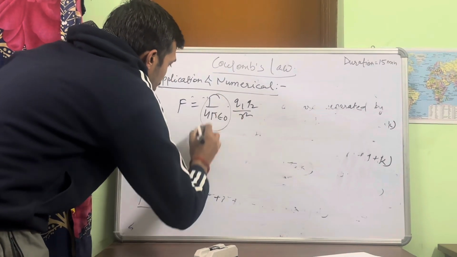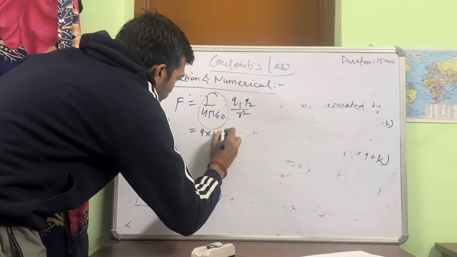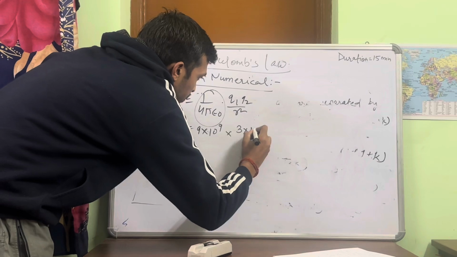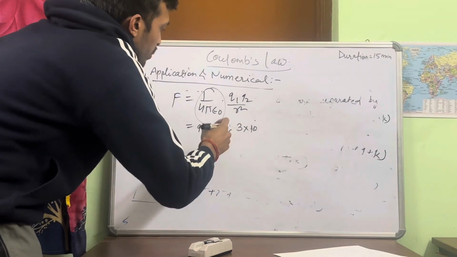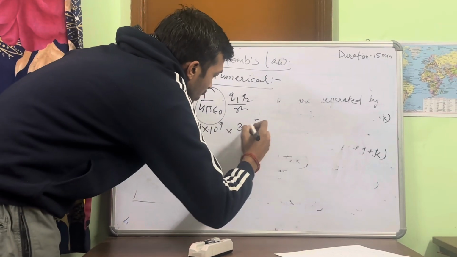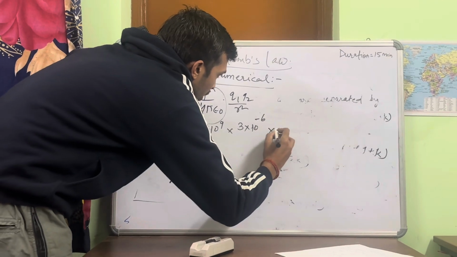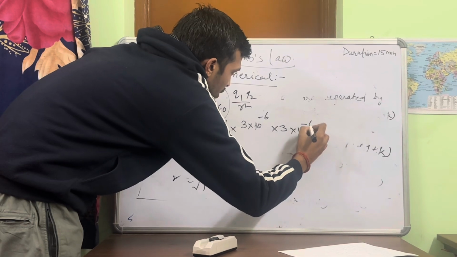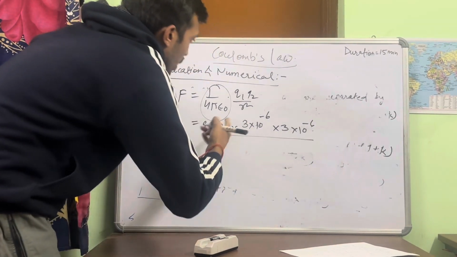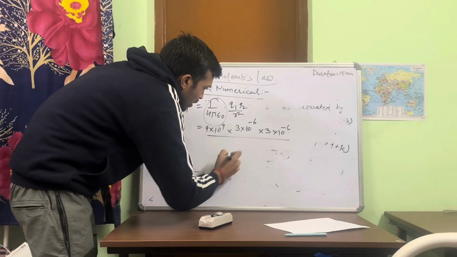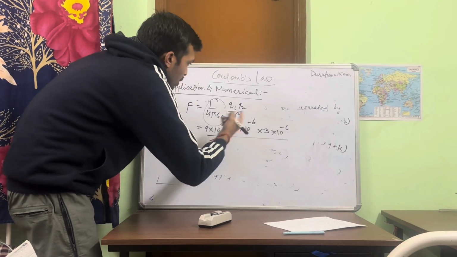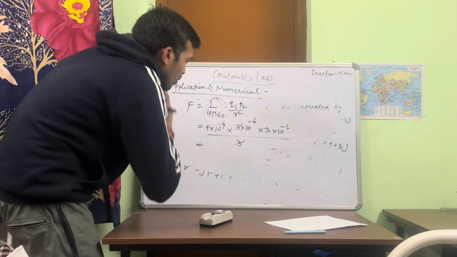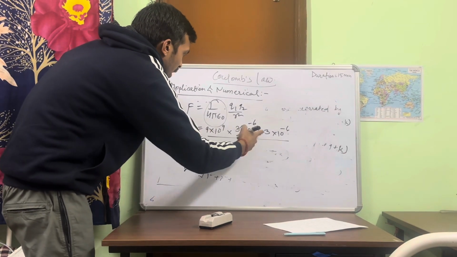The value of this constant is 9 into 10 to the power 9, and q1 and q2 are 3 microcoulomb each, so 3 into 10 to the power minus 6 coulomb each. The value of r is root 3, so r square is directly 3, and 3 now cancels.